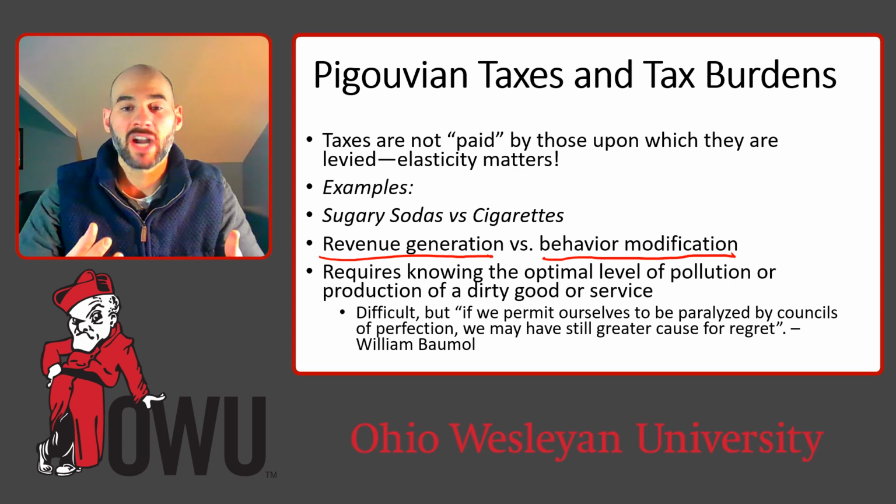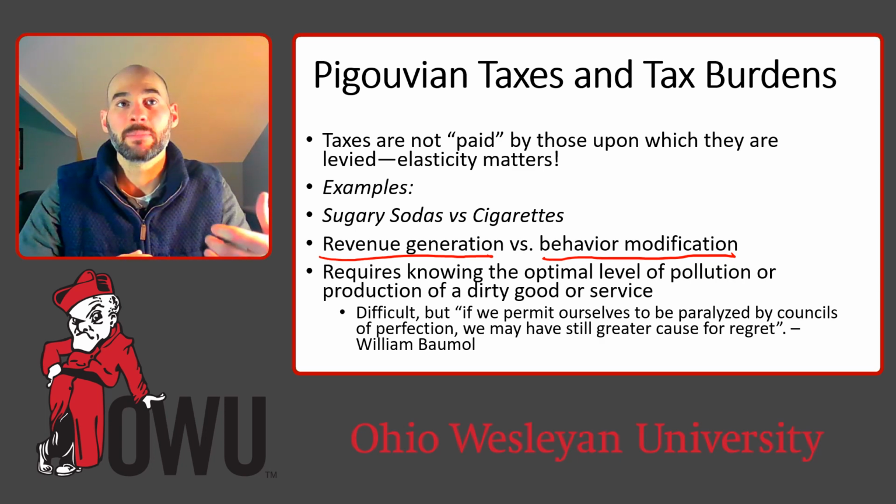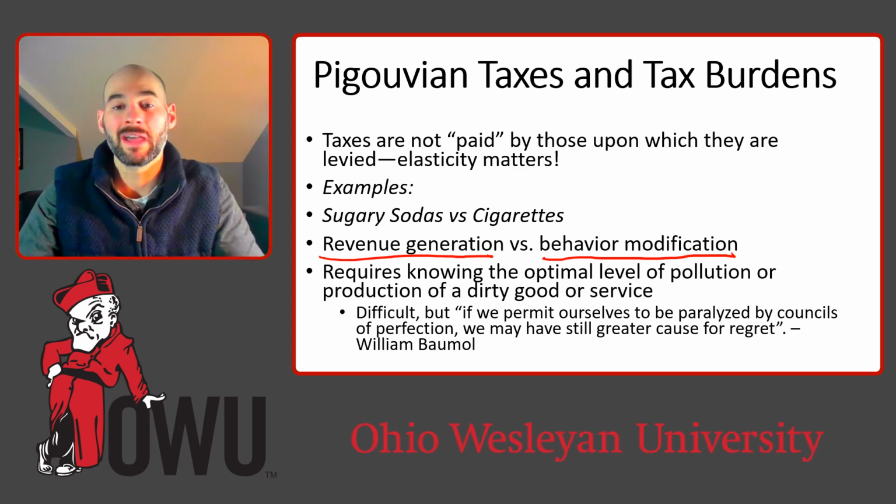If what we're trying to do is raise revenue, that's one thing, but if what we're trying to do is discourage that behavior, then that's going to run counter to generating the revenue from that particular stream. We want to place a revenue generating tax on something that is going to be less responsive, maybe less elastic in terms of the quantity that's going to be exchanged.